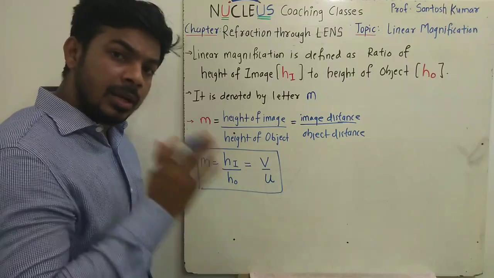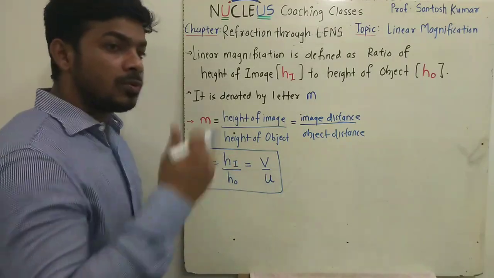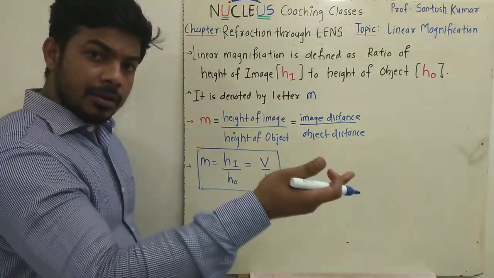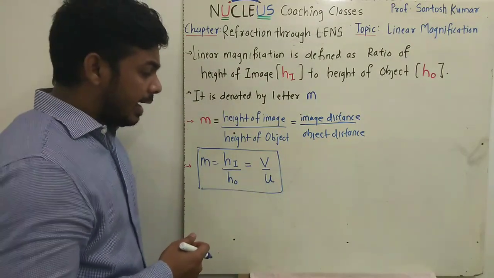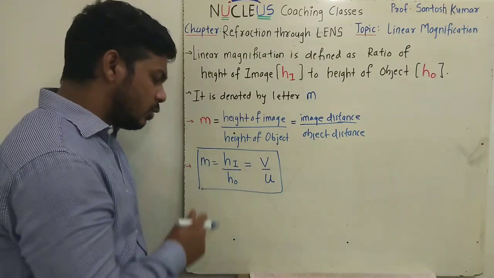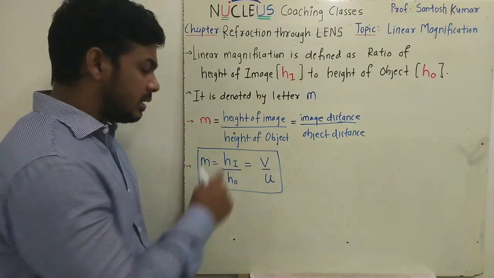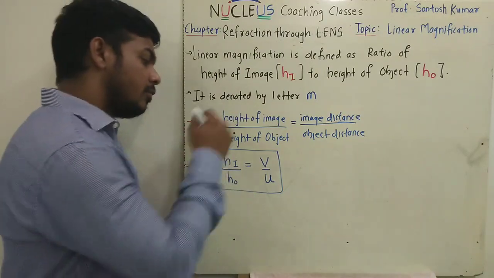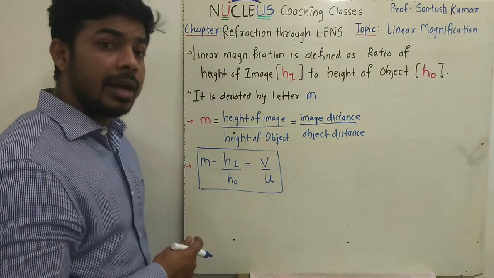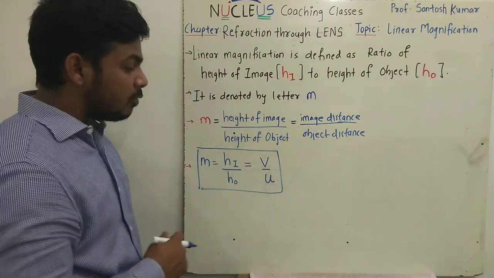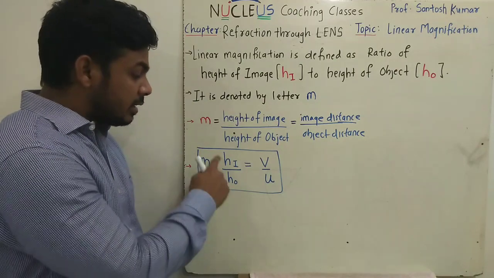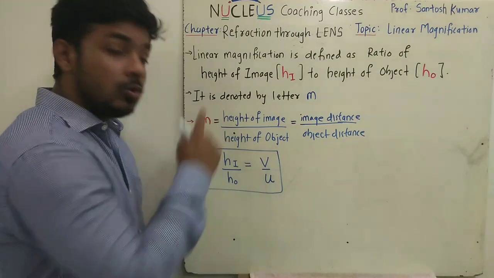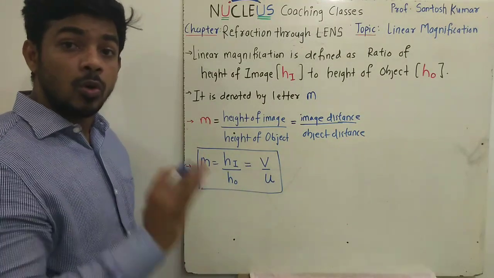No proof is required for how it is equal to v by u. It is theoretically proved, and all these proofs are there in your textbook. You just need to say that linear magnification is hi by ho, which is also equal to v by u. So we have a formula for linear magnification. And remember, since linear magnification is a ratio of two heights or two distances, it has no unit.